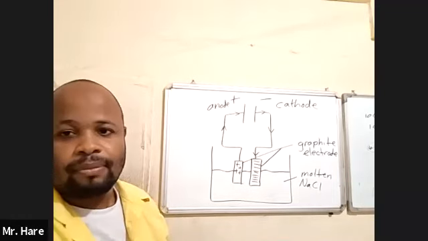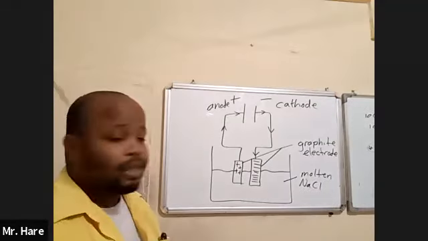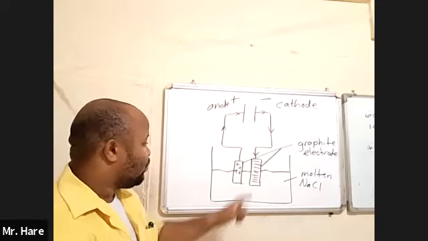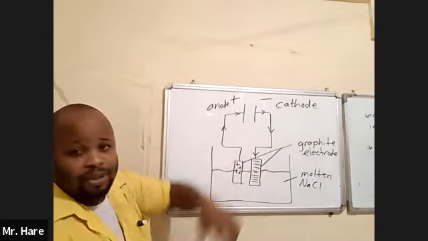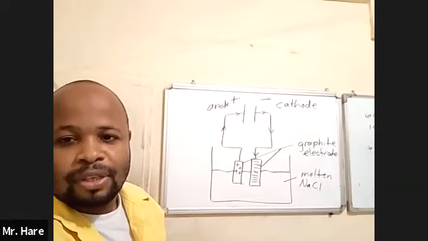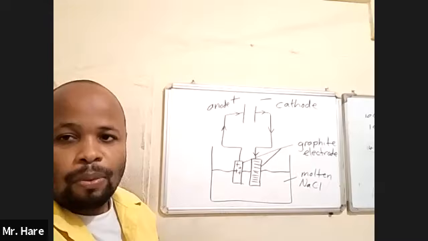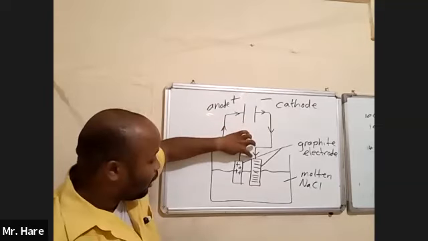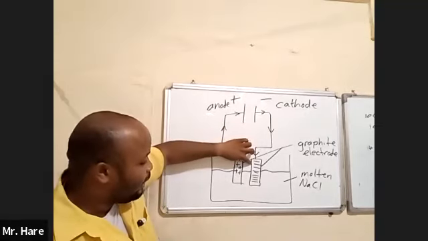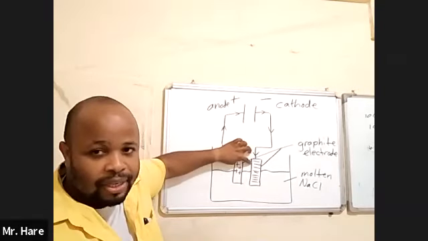Sir, is it the negative ion that is attracted to the anode, right? Yes. So the electrons flow around and accumulate on the cathode, so it develops a negative charge because the electrons are accumulating on it.